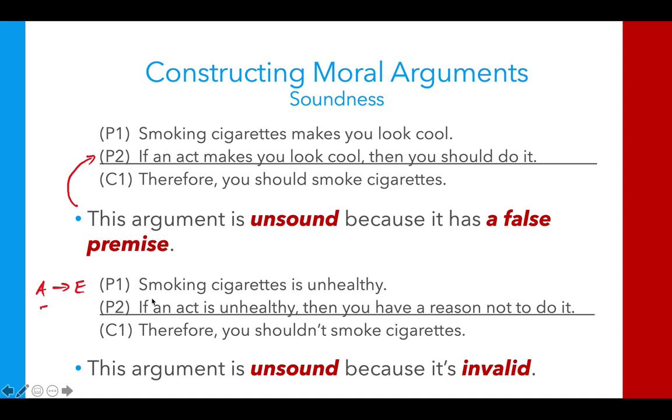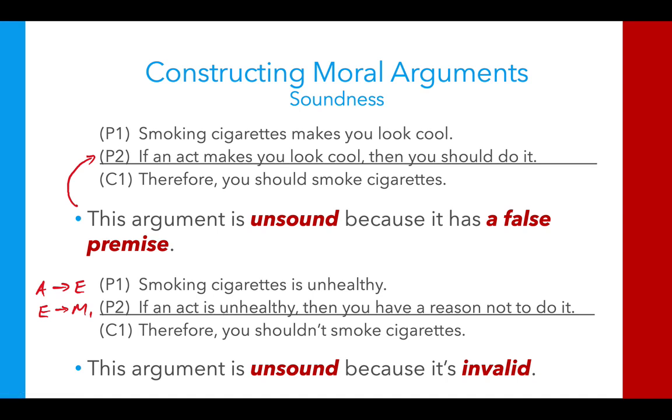Premise 2 says something like, if an act has this empirical feature, it makes you unhealthy. Smoking cigarettes, an act, has this empirical property. Premise 2 says, if an act has that empirical property, E, then you have a reason not to do it. It has this moral property, then you have a reason not to do it.